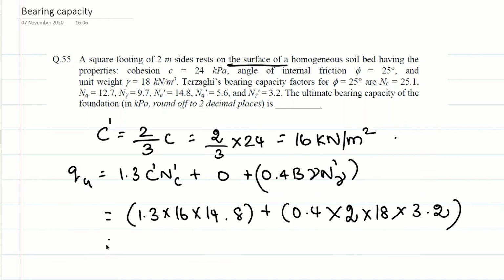That gives you your ultimate bearing capacity as 353.92. They are asking you to round off to 2 decimal places, so just retain it as such. So 353.92 kilonewton per meter square. That's it.